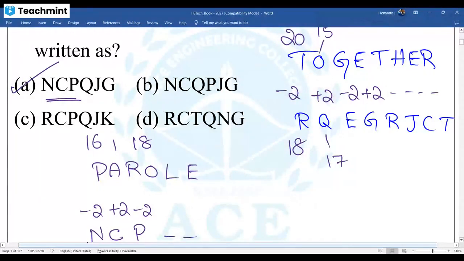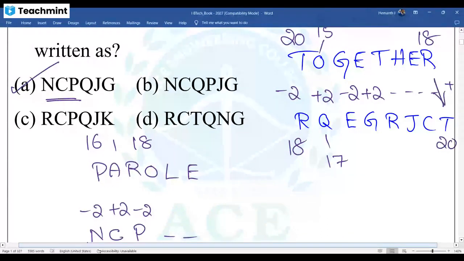Some people will do the first letter and last letter. That's your wish. But here with +2 -2, you need to be careful. Some people in a hurry do the first letter -2 and apply -2 for everything. That option may be available. Some people may see the last letter, R is 18, T is 20, +2, and apply +2 for everything.